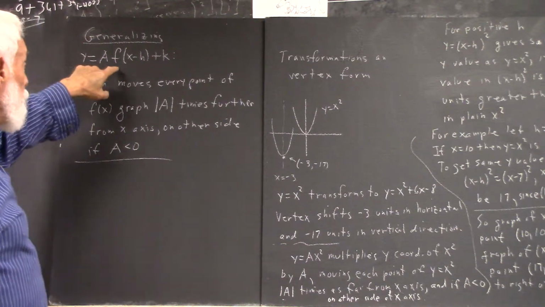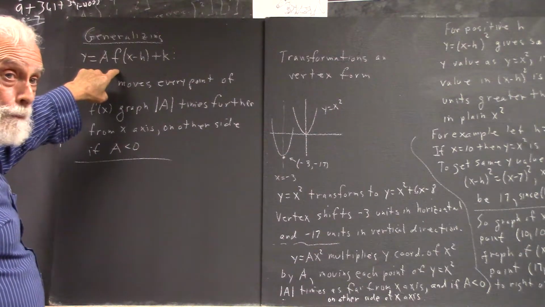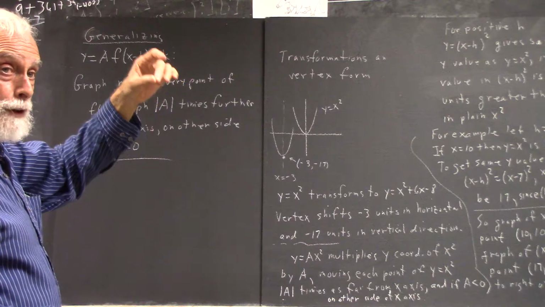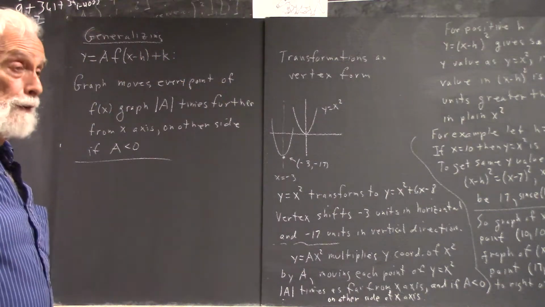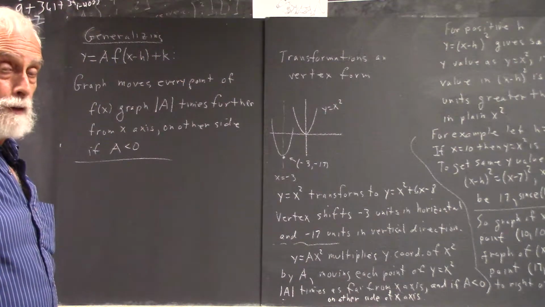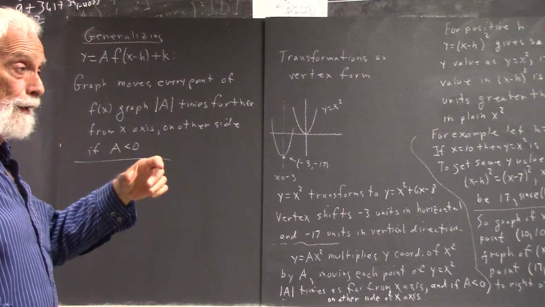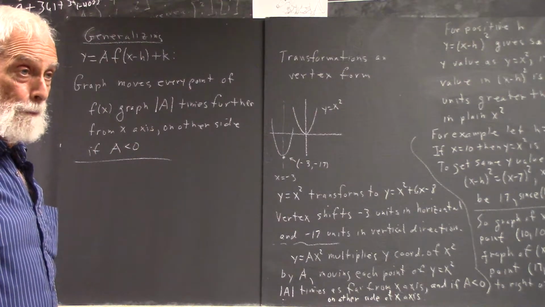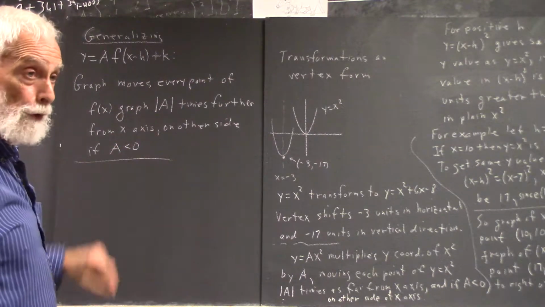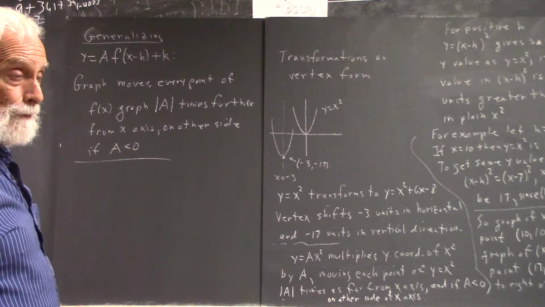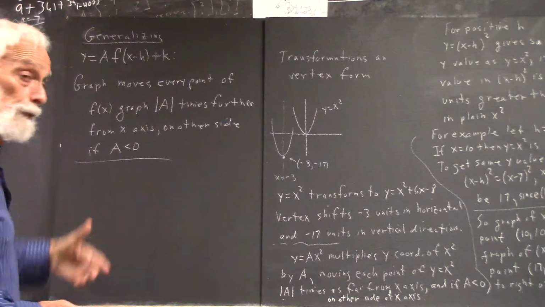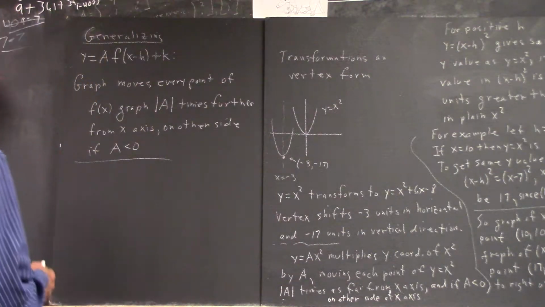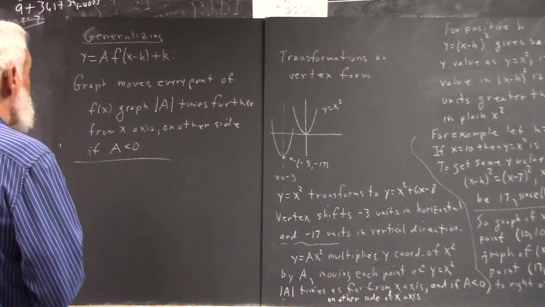If you multiply its value by a, that moves the point a times further from the x-axis, and on the other side of the axis if a is less than 0. It's usually stated as a vertical stretch, and if a is less than 0, there's a reflection through the x-axis. Okay? A does both of those things. But it doesn't reflect unless it is less than 0, so half the time it only moves in the same direction. Okay?